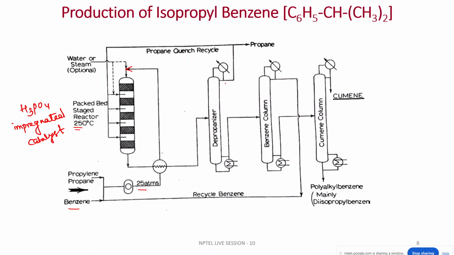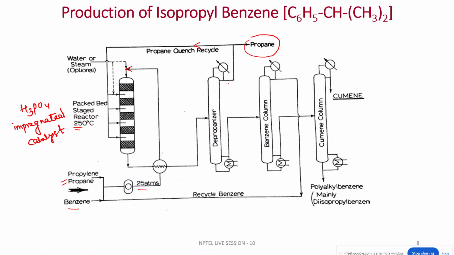In the depropanizer, the propane as a light component is taken out from the top of the column and it can be taken out as a product or can be quenched, recycled back and again sent to the reactor, because in the feed also we are supplying propane.